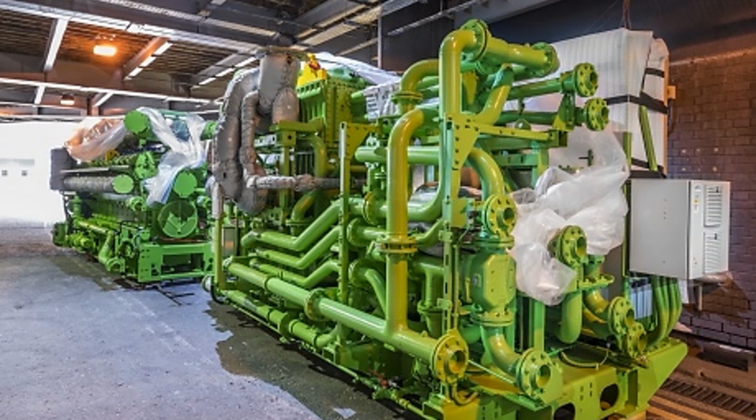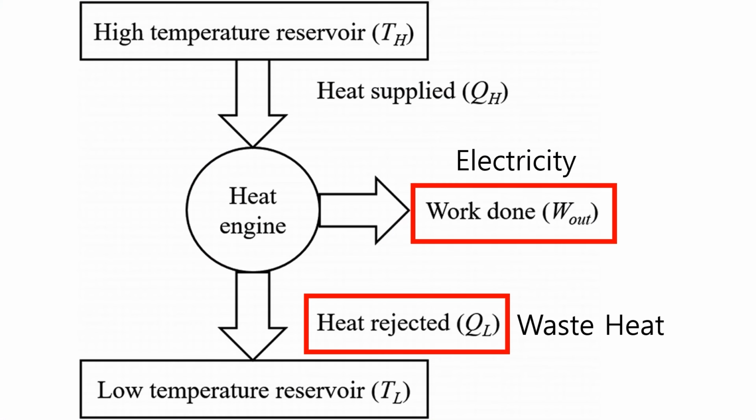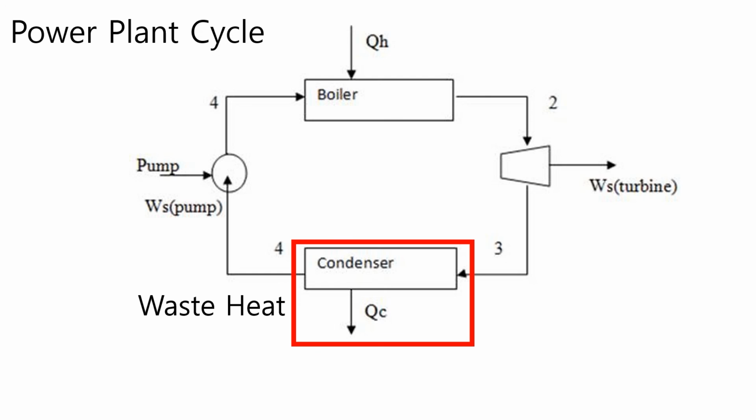Combined heat and power plant was suitable for this energy demand profile. When generating electricity, waste heat is also generated inevitably. In a common power plant, waste heat is emitted to the surrounding environment, because power plant is usually too far away from city to utilize waste heat.